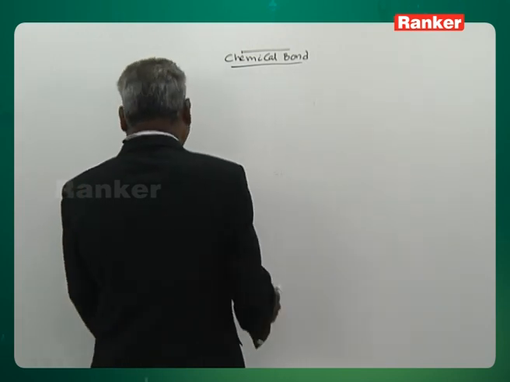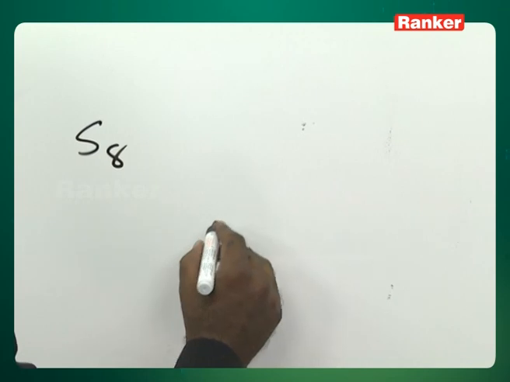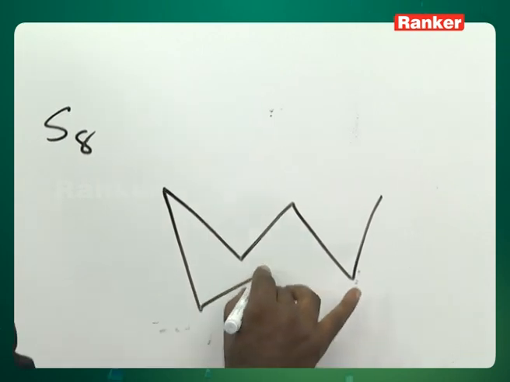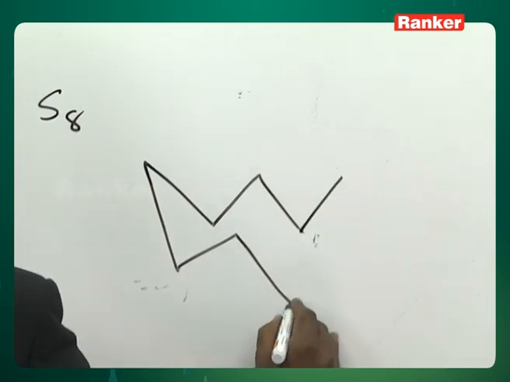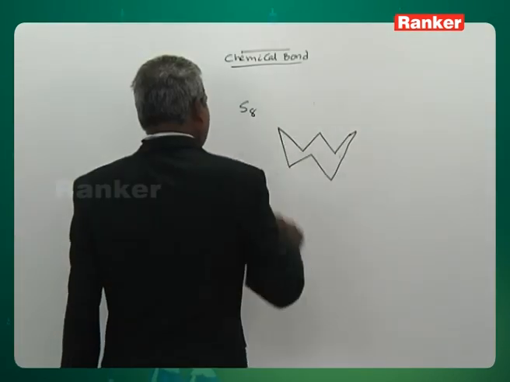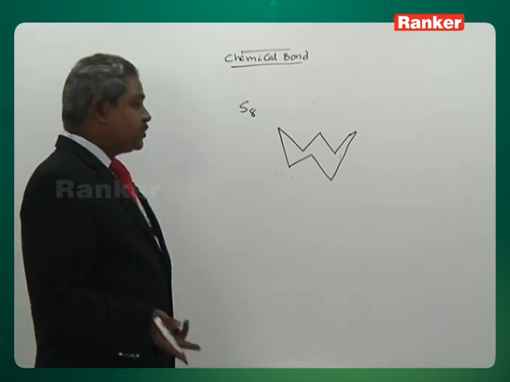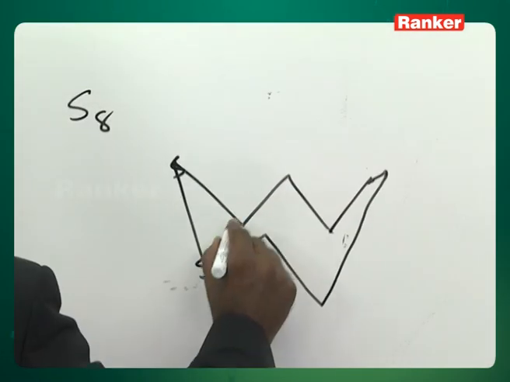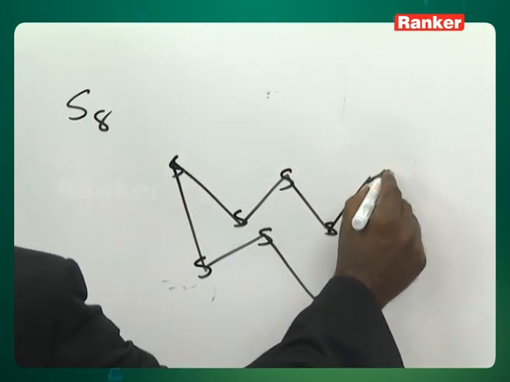S8, 8 sulfur atoms in one molecule. You should write 8 sulfur atoms. You also know when sulfur forms two bonds, it is left with two bond pairs and two lone pairs, so each sulfur should have a V shape around it. If you have sulfur here, there is a V. The other two sulfurs should be in a V. Now you are seeing so many V's here.